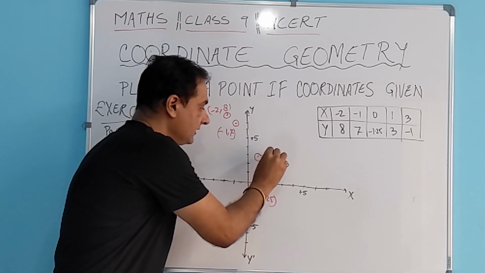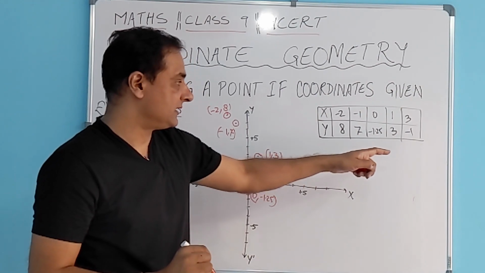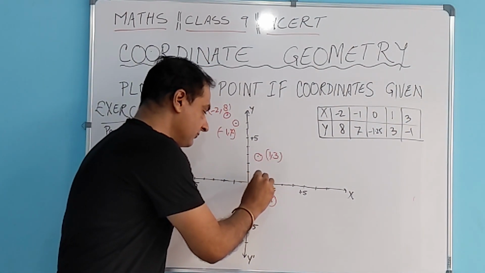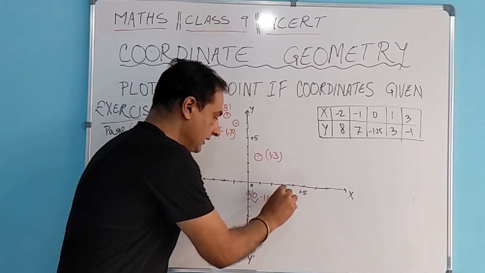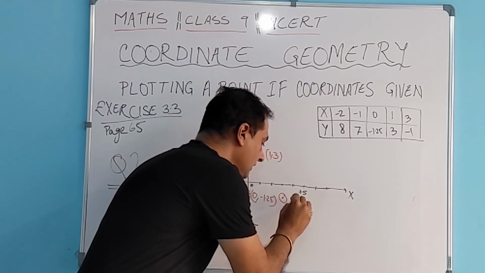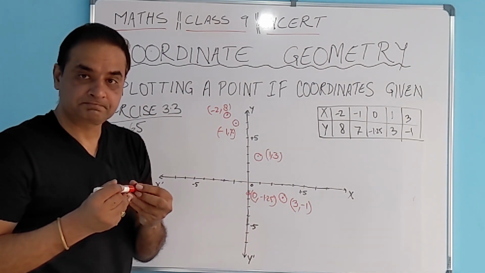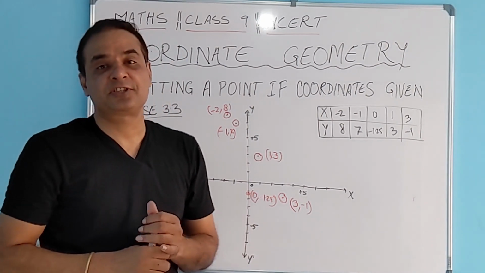The final point we have in the question to locate is (3, -1). So we go 3, then -1 we go down here, and here we can plot (3, -1). So in this way we can plot all these points, and this concludes our question number 2 for exercise 3.3.